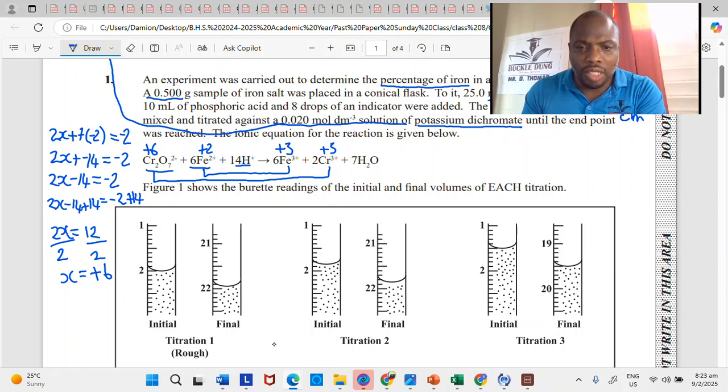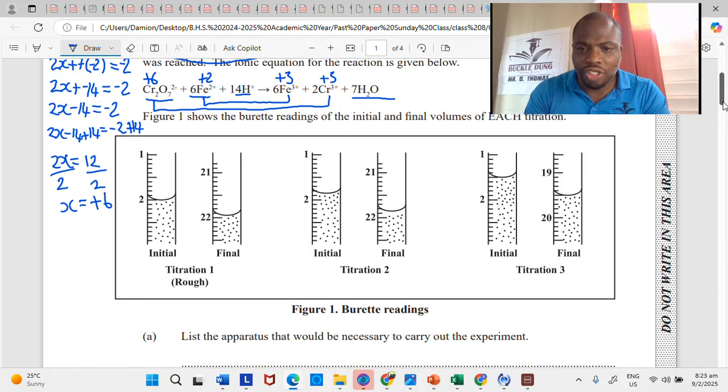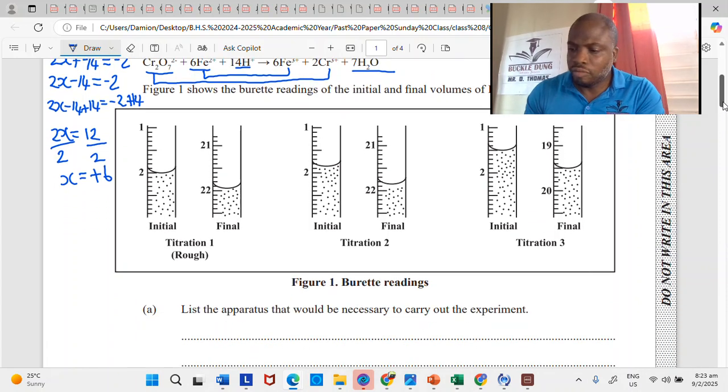Now, how many moles of water? 7. Beautiful. So let's get down into the concept of the titration now. Whenever we get these, we have to examine to highlight.